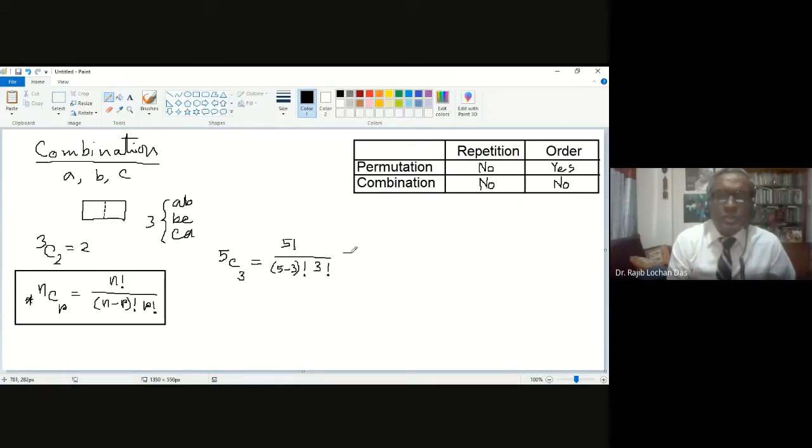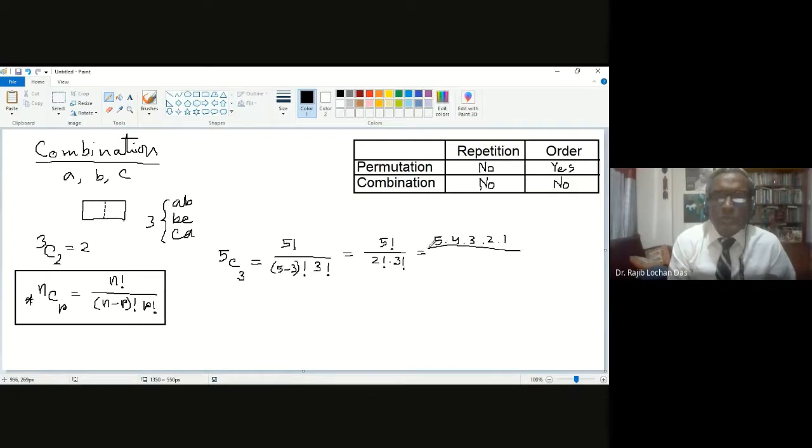So it is actually 5 factorial divided by 2 factorial into 3 factorial. So you know what 5 factorial is: 5 4 3 2 1, right?